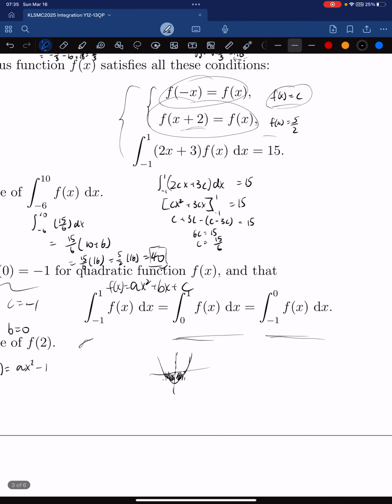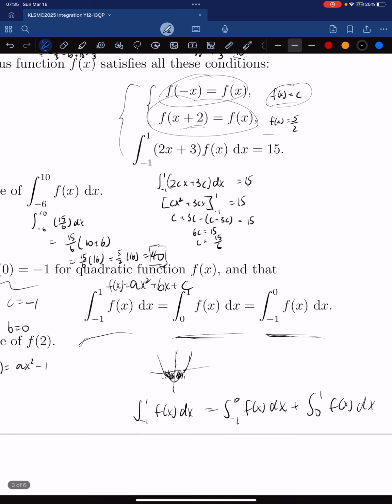If these equal this, then the integration of f of x dx from -1 to 1 is definitely equal to the sum of these two integrals, right?